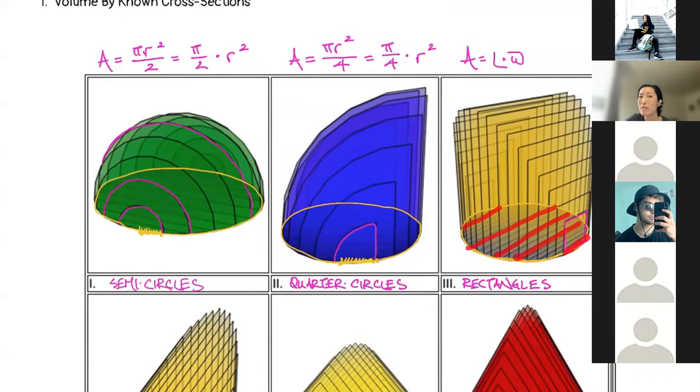So what do the purple lines represent? If these things that we just highlighted here are the same as the purple lines in our diagram, what does the purple line represent?